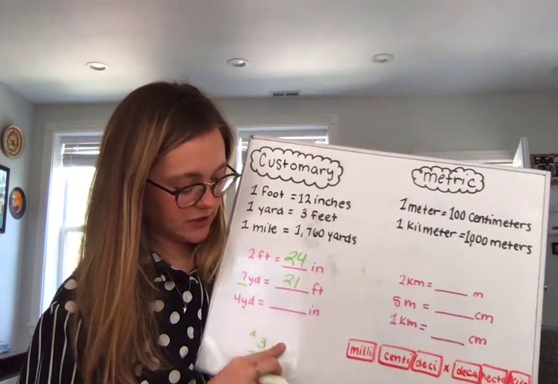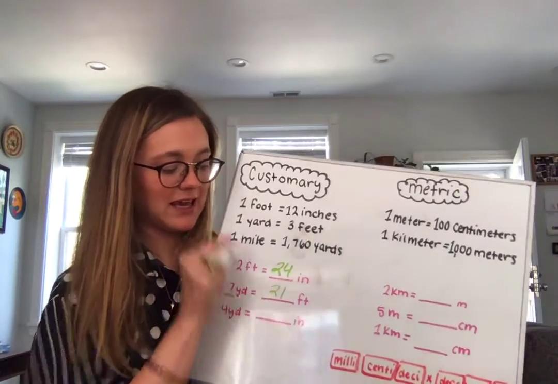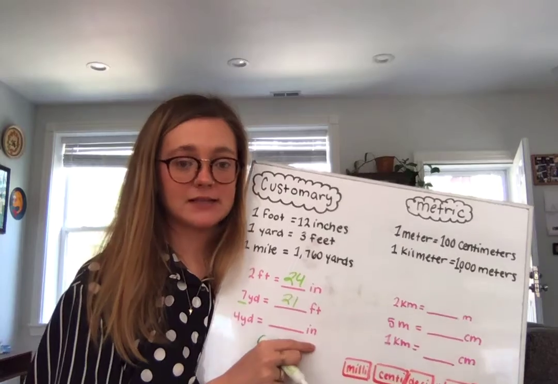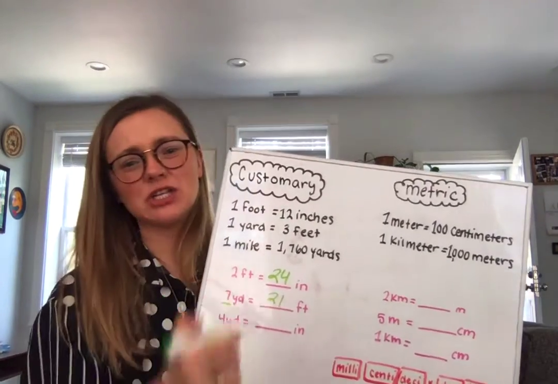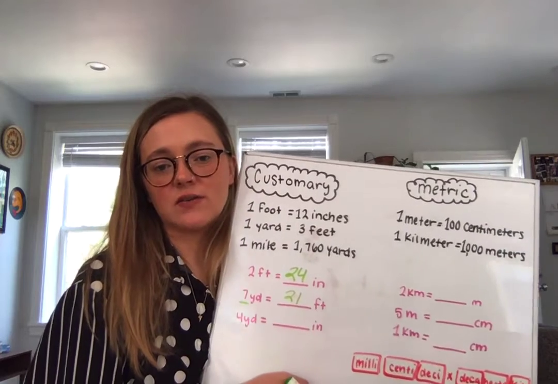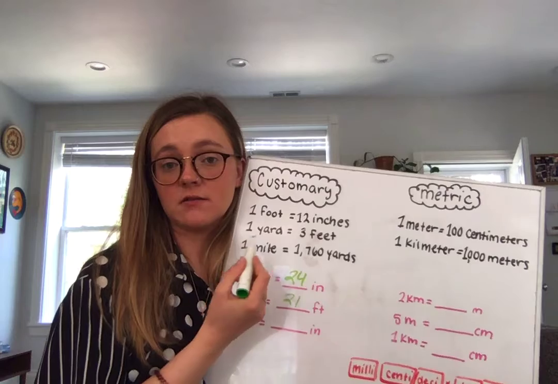Then this last one is pretty tricky. 4 yards is how many inches? Be careful and look at what I'm asking. 4 yards. I don't have anything up here that tells me how many inches are in a yard. So I need to use the information I do have. Do I know how to go from yards to feet?